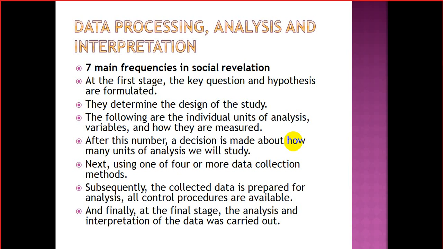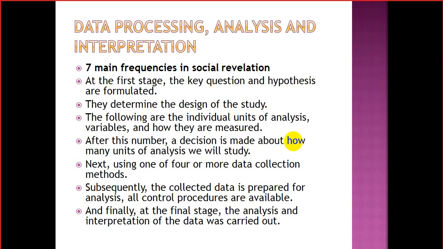For your correct analysis, you know that there are 7 main stages in social research. As the first stage, the key question and hypothesis are formulated. They determine the design of the study, the selection of the individual units of analysis, variables, and how they are measured.